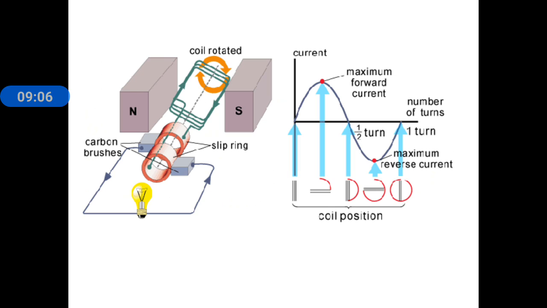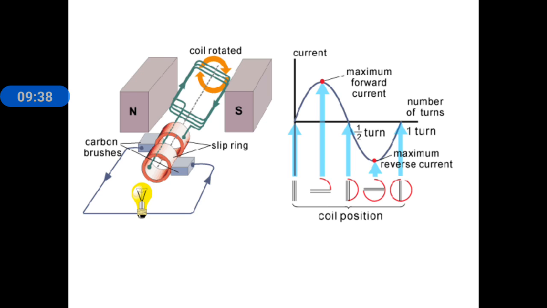So in this figure we are again discussing the clockwise direction. Maximum value, again the opposite value. First the position is parallel, the second position is perpendicular to each other, again parallel, then perpendicular in the negative, the reverse or maximum negative current, and one turn is completed, which means again it is parallel.